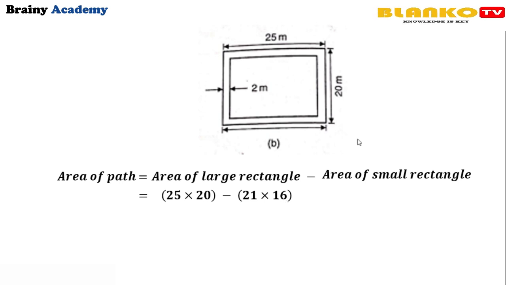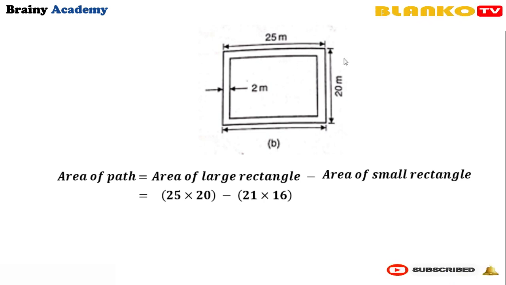From the figure, from this point to this point is 2 meters, and this point also to this point is 2 meters. So when you add, we get 4. When we subtract 4 from the length of the large rectangle, we get 21. 25 minus 4 is 21. So the length of the small rectangle is 21.